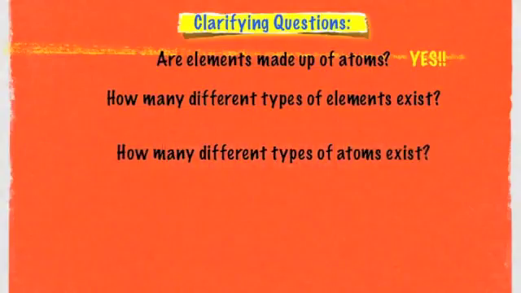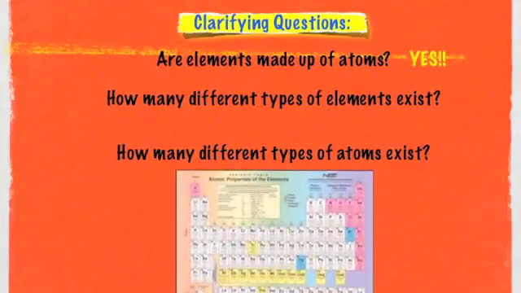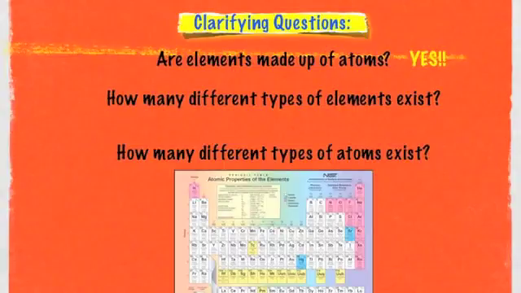How many different types of atoms exist? Well, to answer that question, you look at the same chart, because not only does each tile or box on this chart represent an element, it also represents a different type of atom. So for example, you have the element hydrogen and helium in that first row.